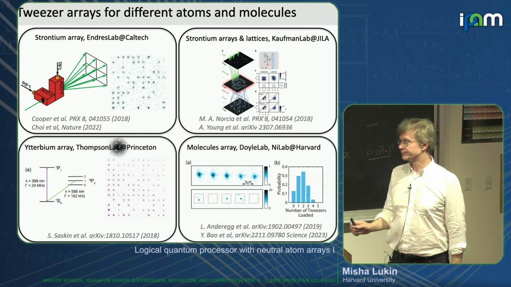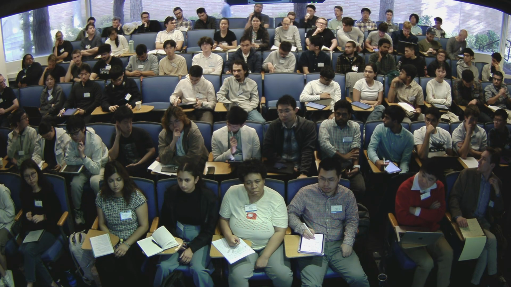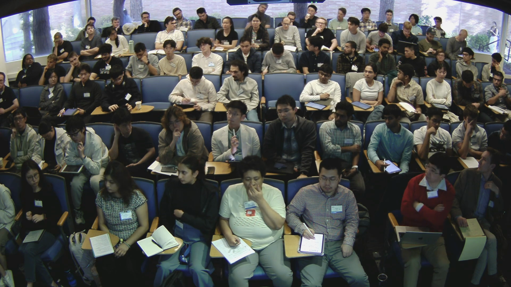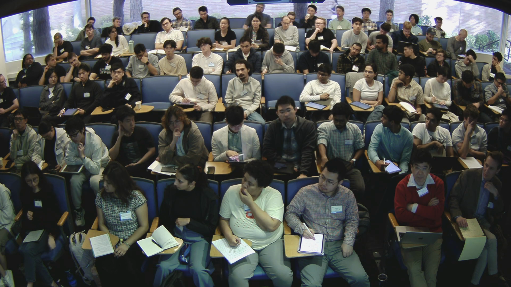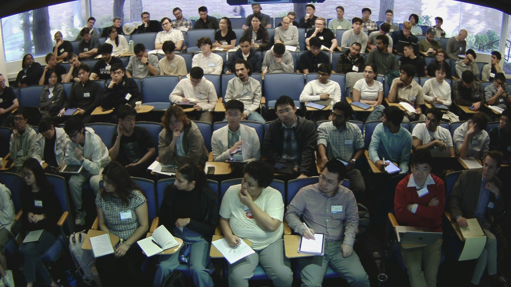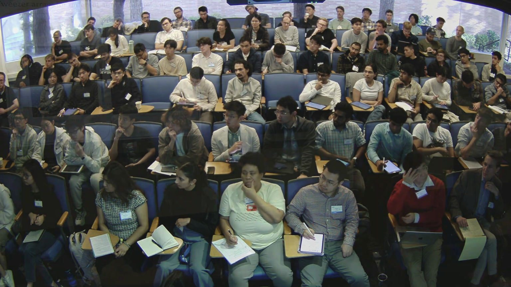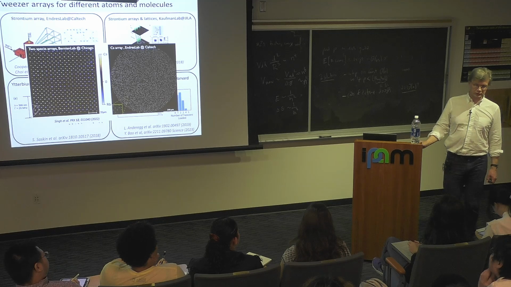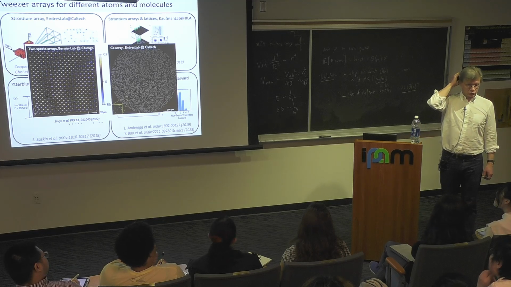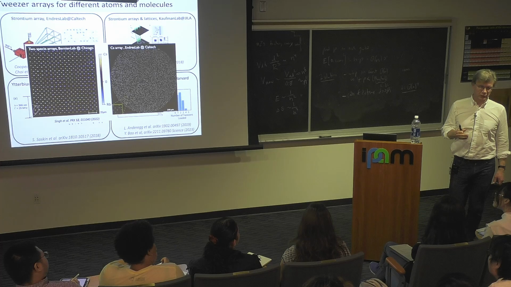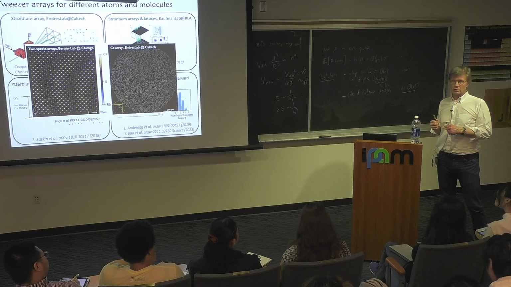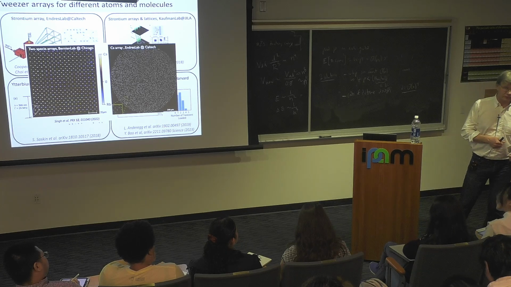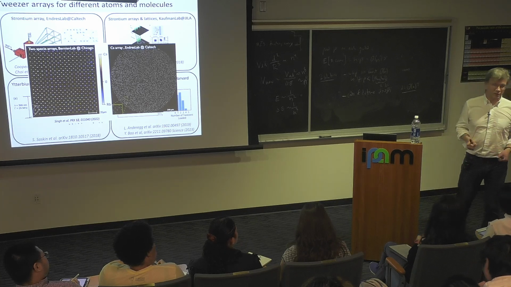I think you mentioned in a previous slide that one of the advantages of neutral atoms is the long coherence. But if someday we have QEC and can do everything fault tolerantly, is that still important? Yes, I would say the answer is resoundingly yes, because as I already indicated, QEC has things like a threshold. The lower your physical error rate, the less error correction you need to do.